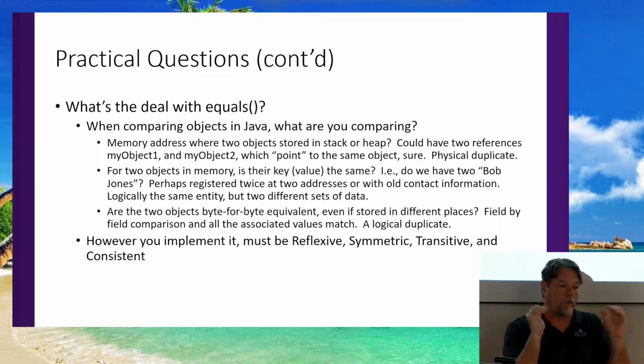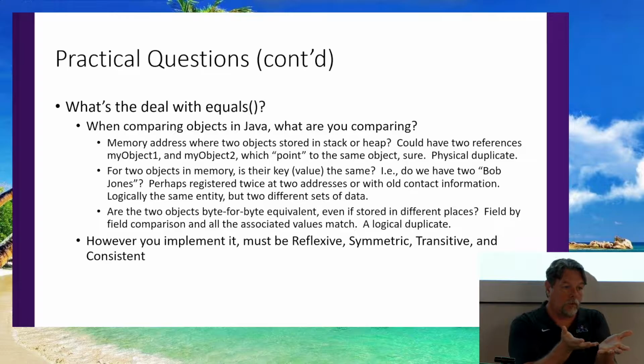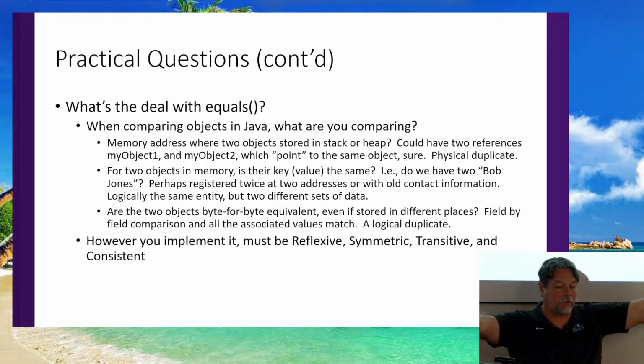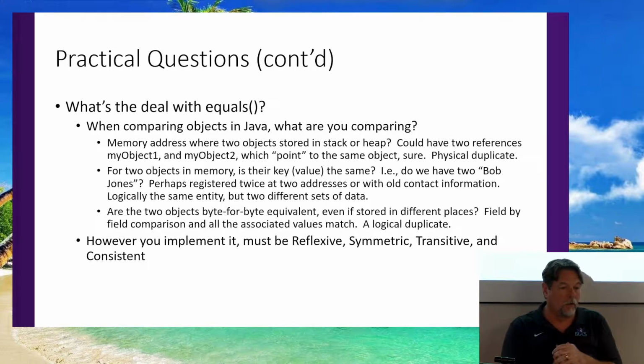You go field by field, and if all of those things return true, then the two objects are logically equal, even if they're stored at different locations in memory. They're logically equal if all of the fields match. So it's up to you to implement that. The dot equals method has to be implemented by you in order to provide a meaningful comparison between the two objects. Java has an expectation if you want your code to work right.